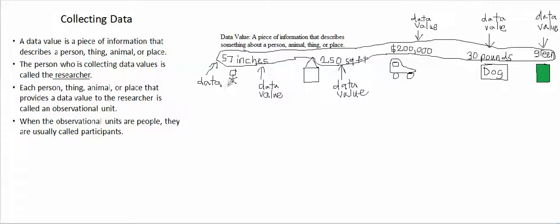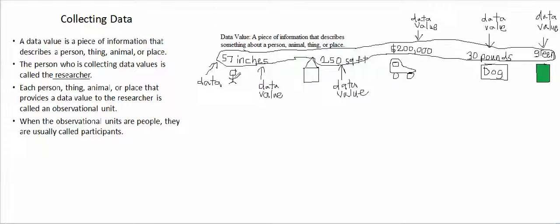So if I collect all of these data values, if I collect the height of the person, the square feet of the house, the price of the car, the weight of the dog, and the color of the piece of paper, then I'm the researcher in all of the examples because I'm the person who's collecting the data.